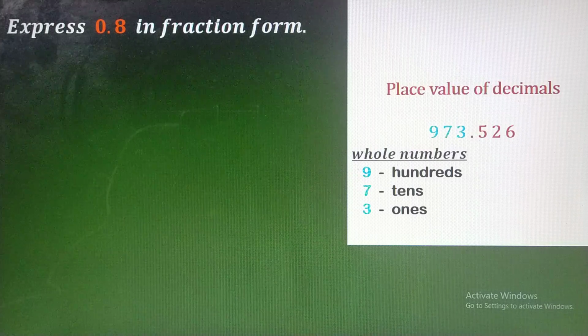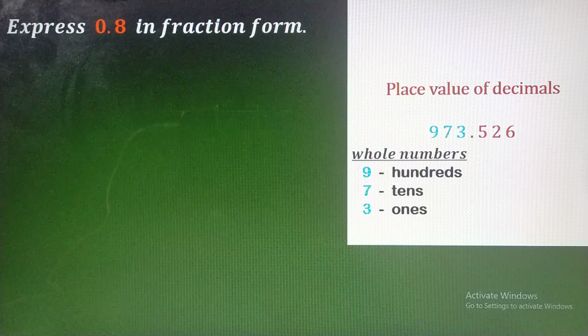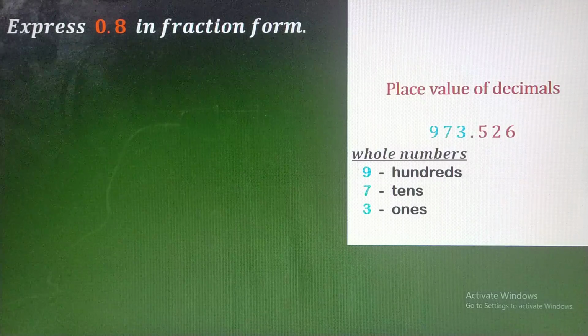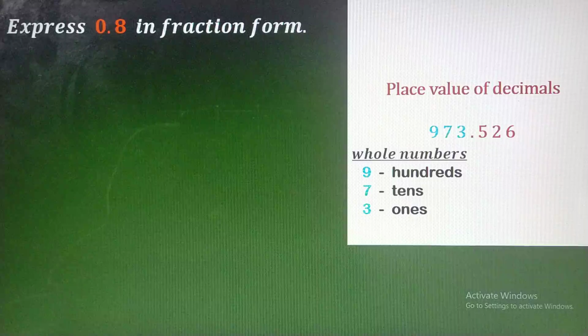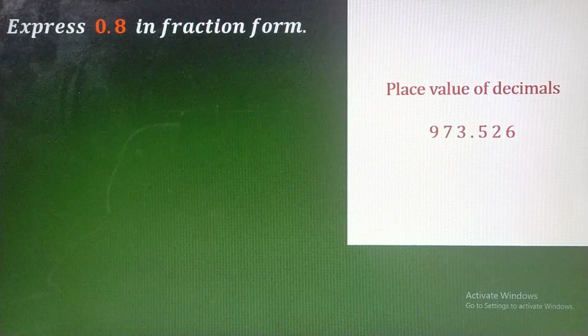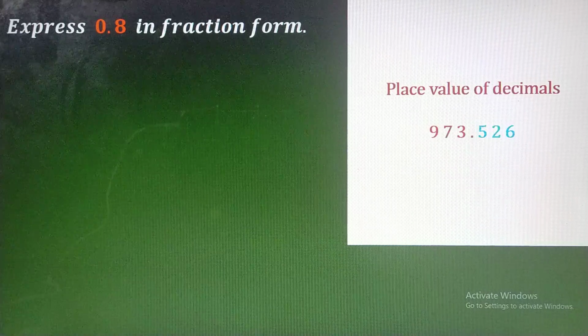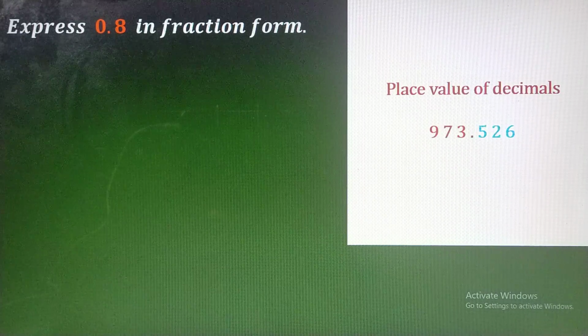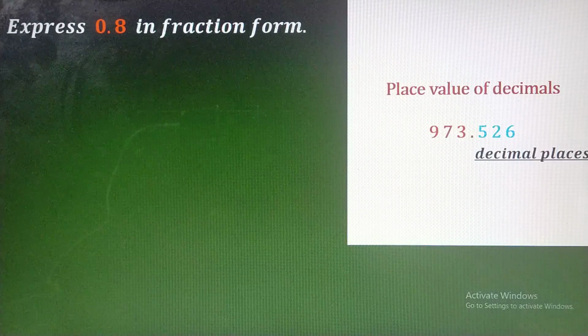Kung magkakaroon pa ng number bago yung 9, ang tawag na doon ay 1,000. Okay? So, ganun lang yung ating pagbibigay ng place value sa whole numbers. How about yung numbers naman na nasa right side, which is 5, 2, and 6. Ang tawag natin doon ay decimal places.